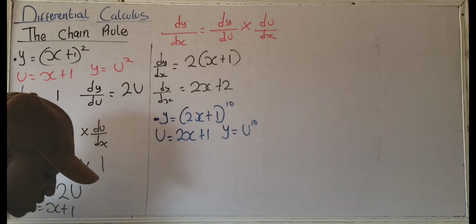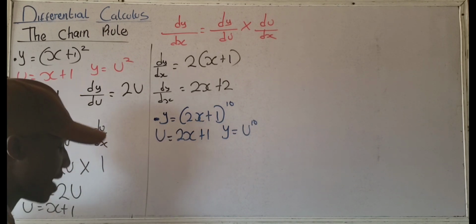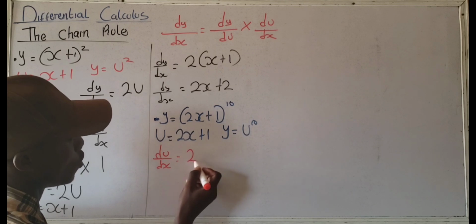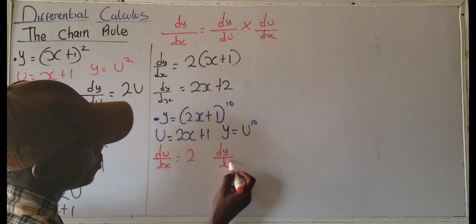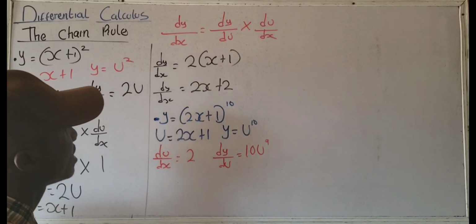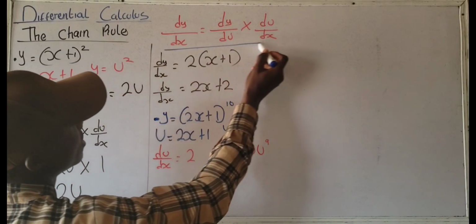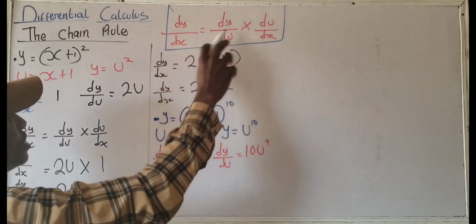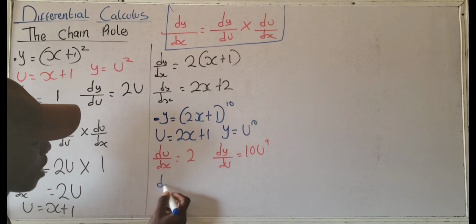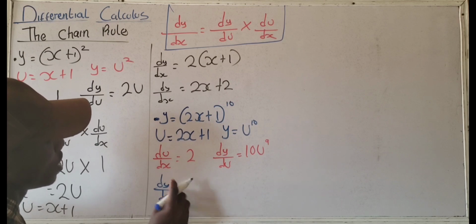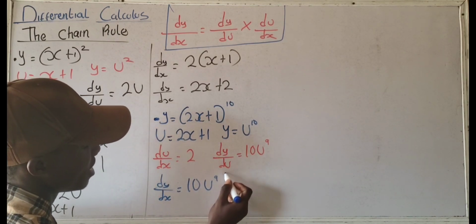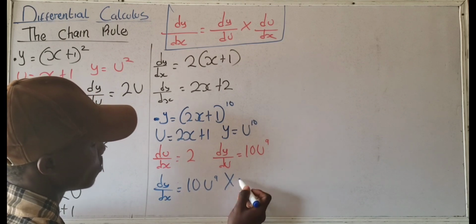So, in this case, let us take the derivative of both u and y. The derivative of u is du over dx equals 2, and dy over du equals 10u raised to the power of 9. Now, having done that, the next step is to proceed to use the formula. The formula for chain rule is dy over du multiplied by du over dx. So, dy over dx is equal to dy over du, which is 10u raised to the power of 9, multiplied by du over dx, which is 2.